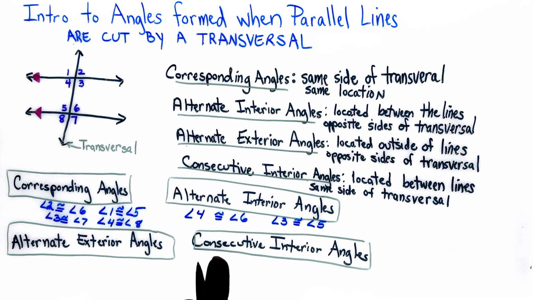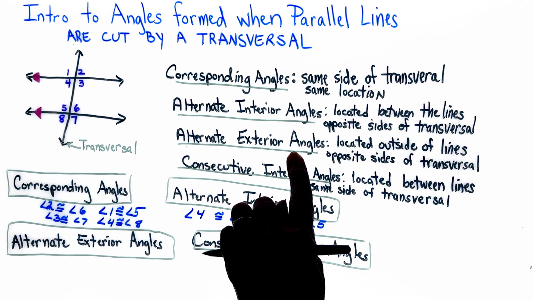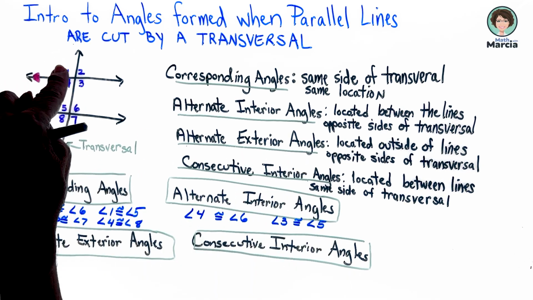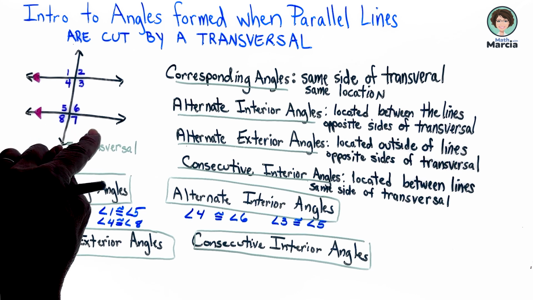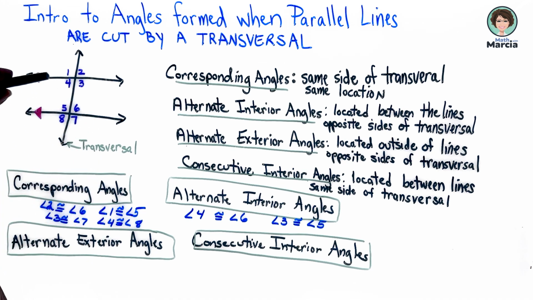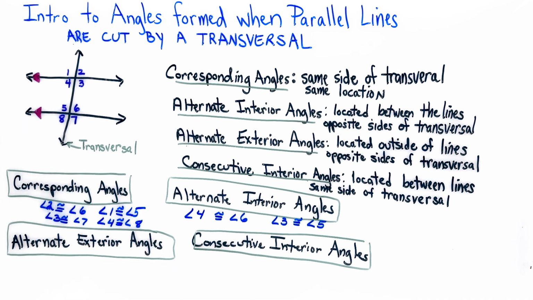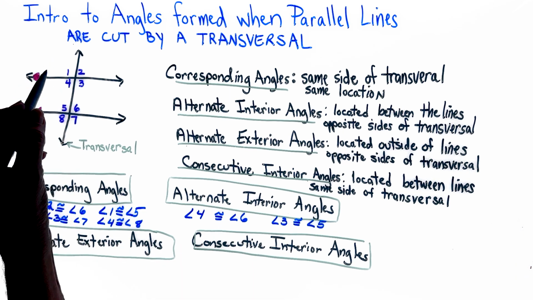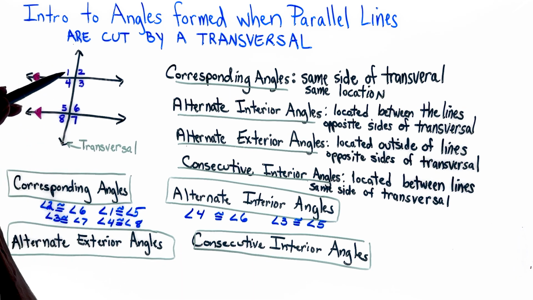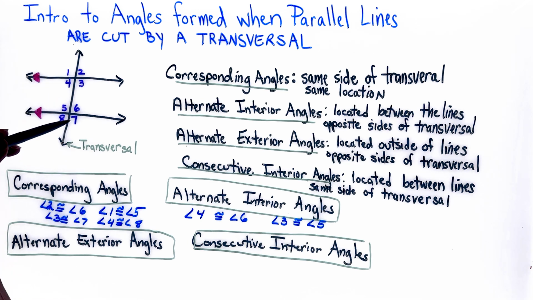When we say alternate exterior angles, alternate means opposite sides of the transversal, and exterior means on the outside of the two parallel lines, the outside that's formed. So for alternate exterior angles, I have angle 1 and angle 7, opposite sides of the transversal, outside of the parallel lines.